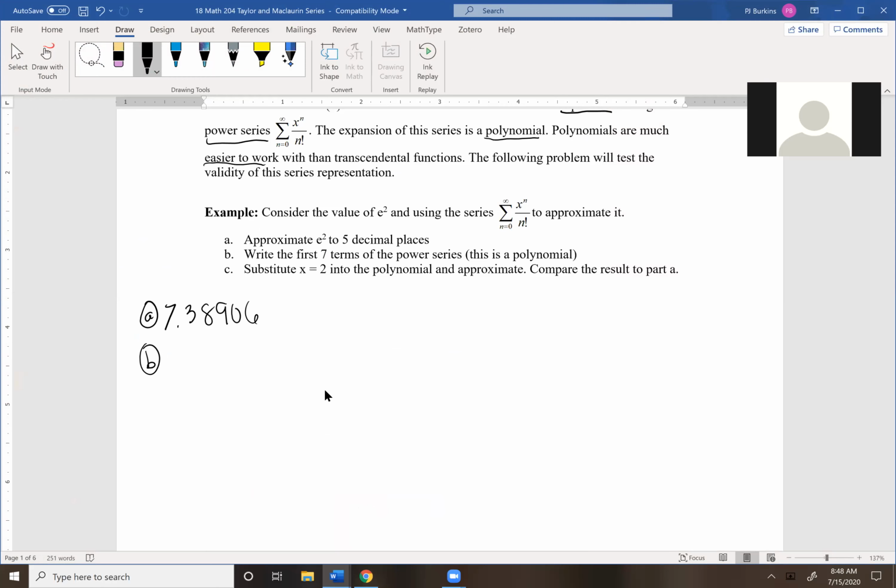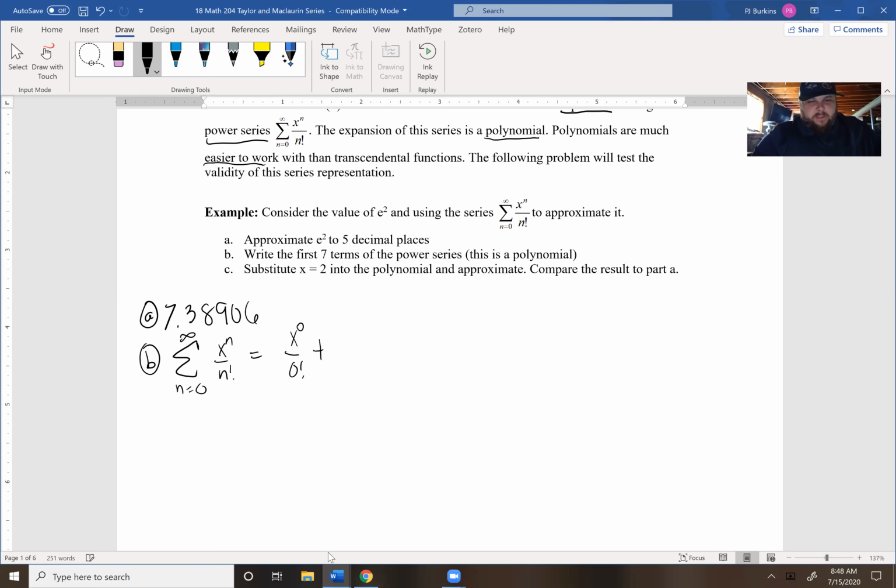Part B says, write the first 7 terms of the power series. So that's the sum starting at 0 to infinity of x to the n over n factorial. First plug in 0, so x to the 0 over 0 factorial, plus plug in 1, x to the first over 1 factorial, then plug in 2, and so on.